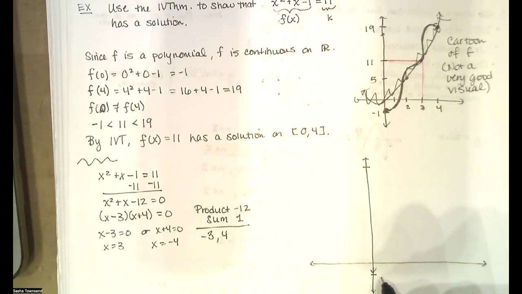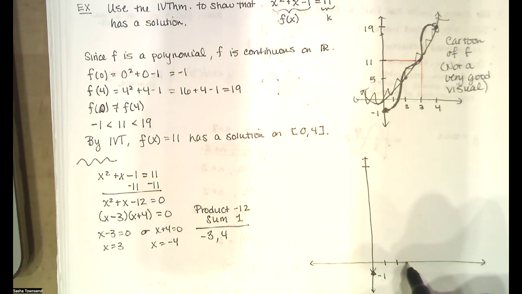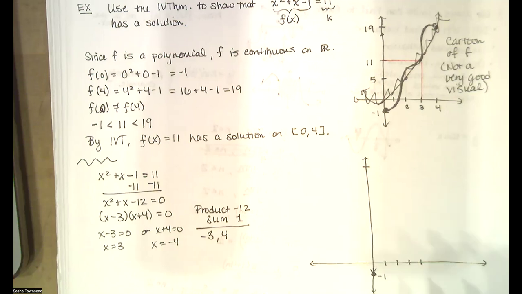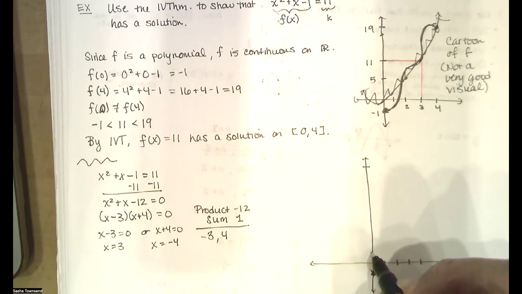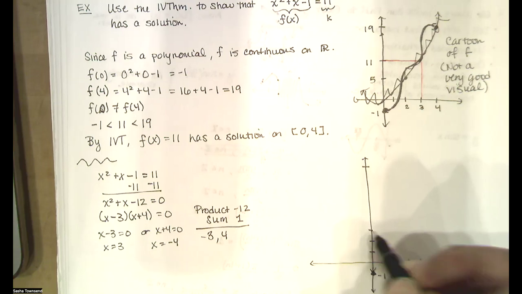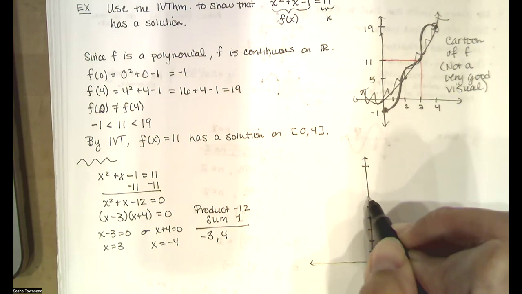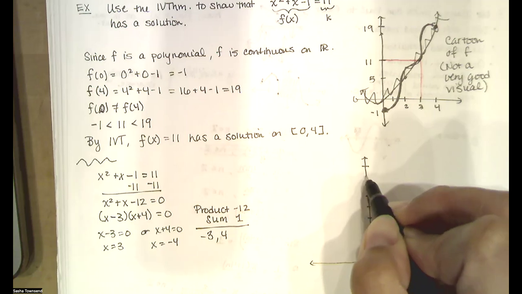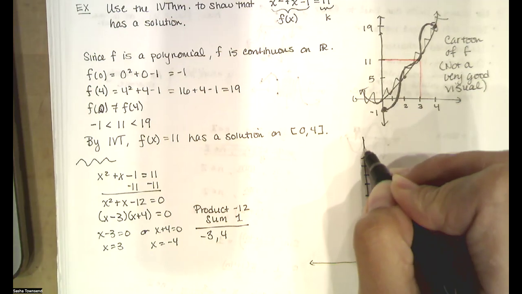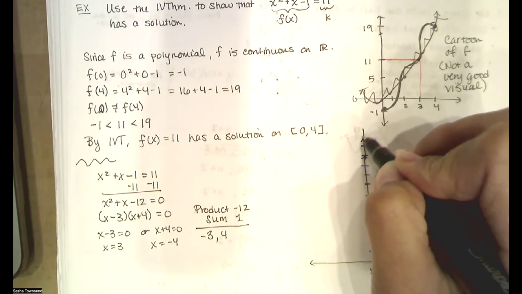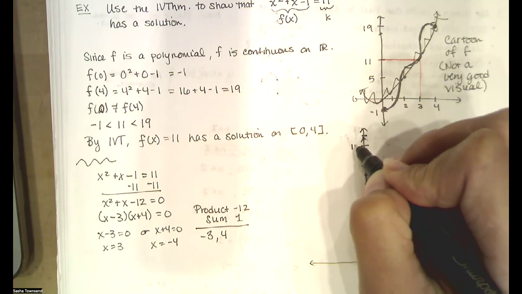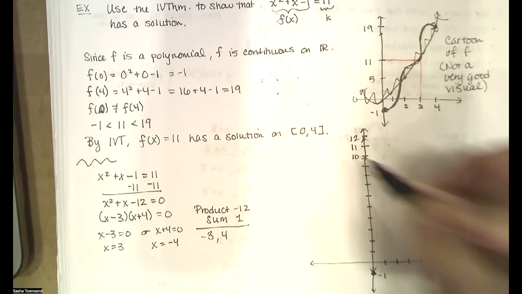We have f of -1 is equal to 0. f of 4 is equal to 19. And you keep going.